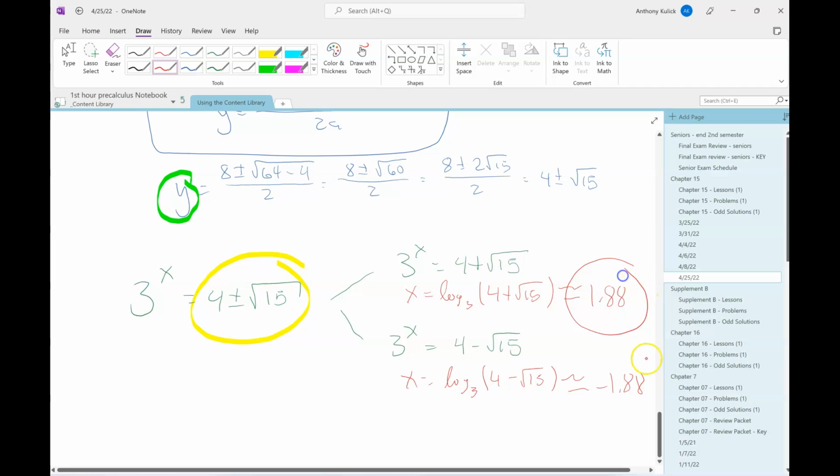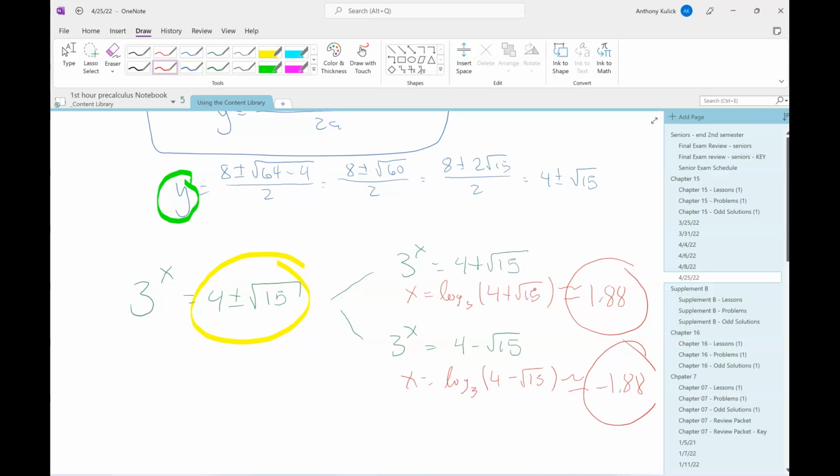And those are my solutions. Whew, Mr. Kulik. Not sure I would ask you guys to do that on the test. It'll show up in the homework. But that's tough, right?